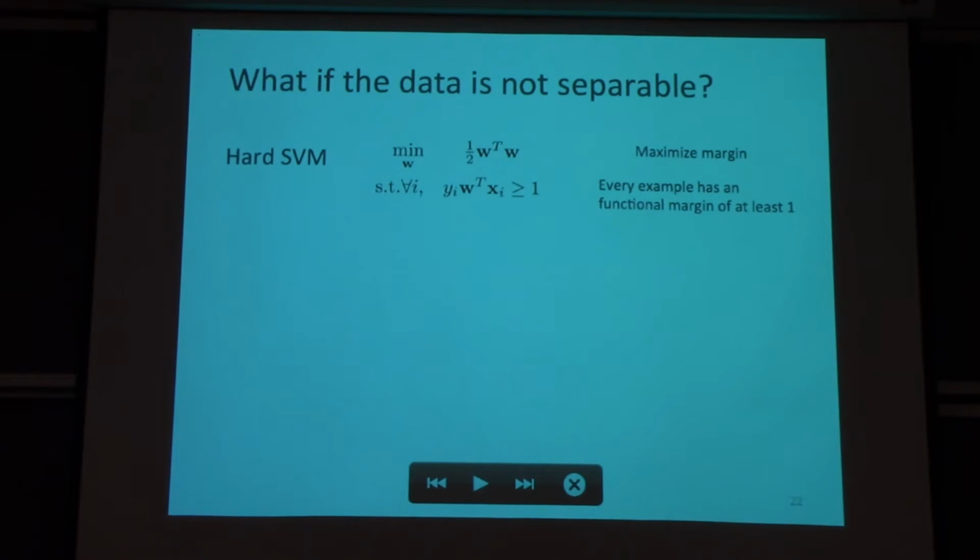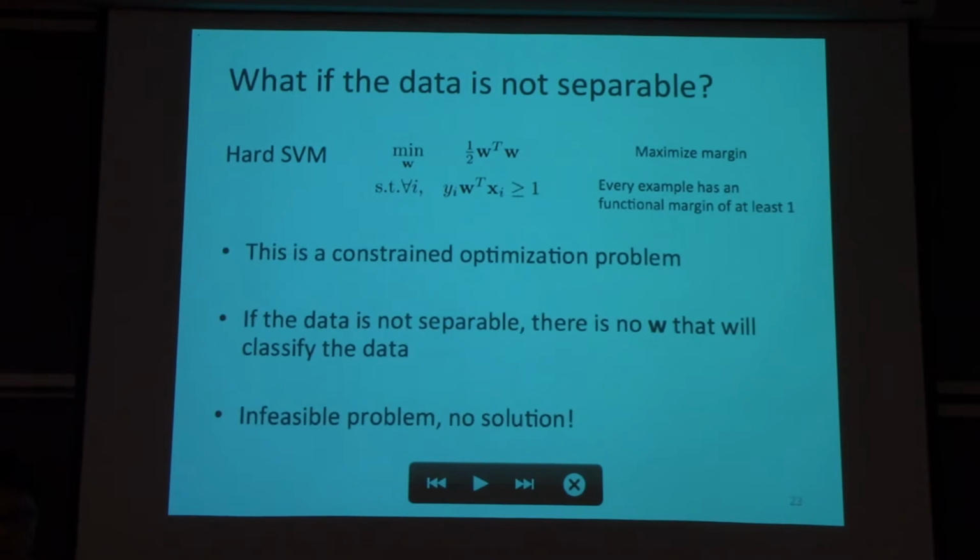So we have been talking about the case where the training data set is separable, but that's not always the case. Most likely, you don't know whether the data is separable or not. So what can we do in that case, right? If we're still using this same optimization problem, meaning still using the hard SVM objective and constraint, because the data set is not separable, that means such W and B do not exist at all.